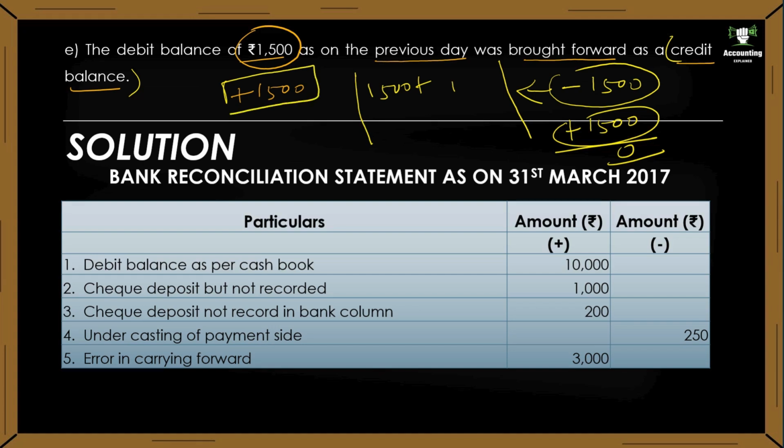So this 1500 I am adding back. So this is for cancelling the negative balance and this is for introducing the positive balance. So totally we have to add 3000 to the cash book balance to get the passbook balance correctly. Okay. So fifth point, see here in the solution, error in carrying forward rupees 3000 on the addition column.